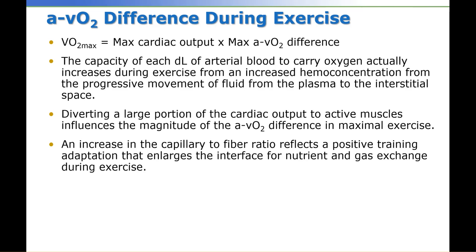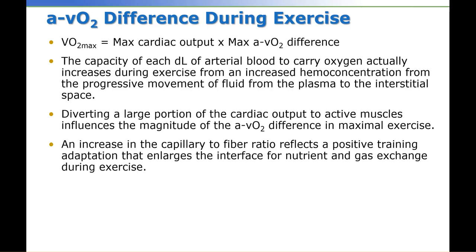If it didn't increase, going back to the 5 liters per minute going through the body, you would have to have 100 liters at maximum exertion for the 20-fold increased oxygen uptake. It doesn't do that because the capacity of each deciliter of arterial blood to carry oxygen increases. So the capacity of arterial blood to carry oxygen increases.